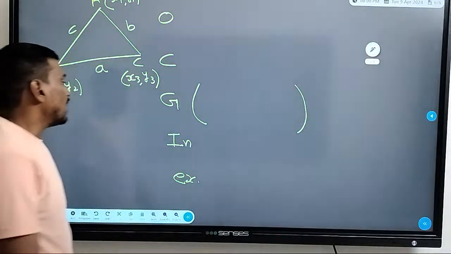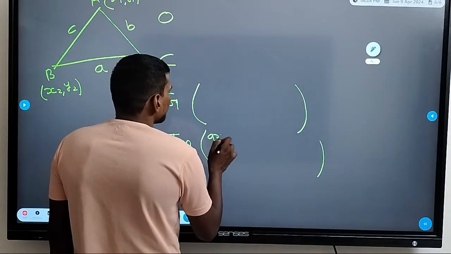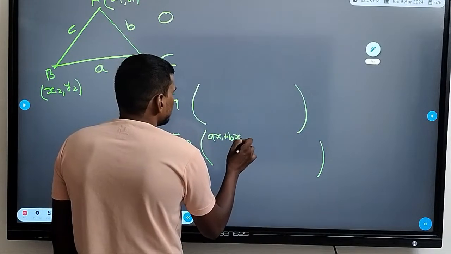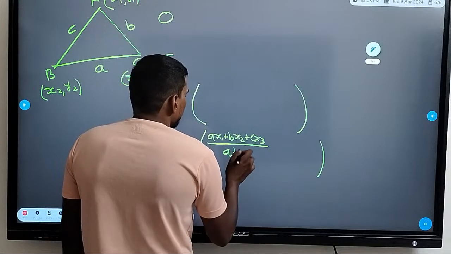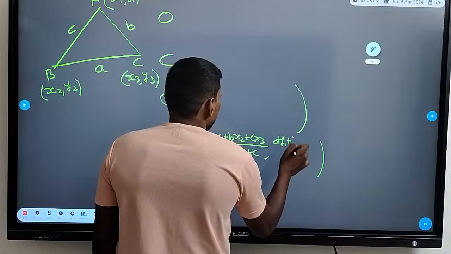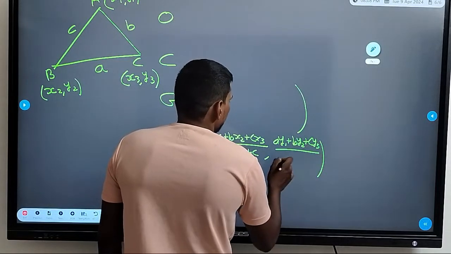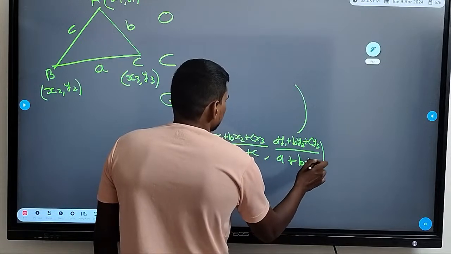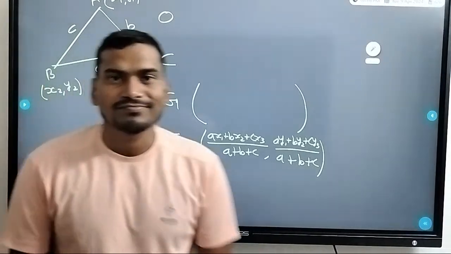Okay? And how will you write for the incenter? That formula also you know. A x1, B x2, C x3 by A plus B plus C, A y1, B y2, C y3 by A plus B plus C. Students know these two formulas.